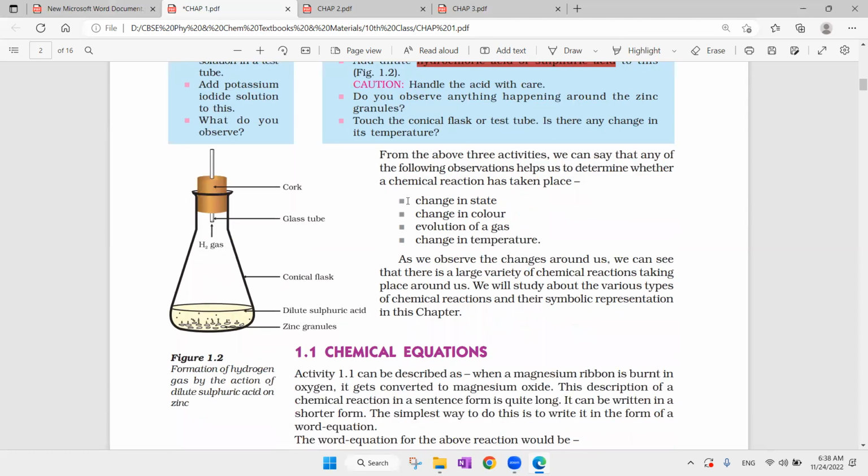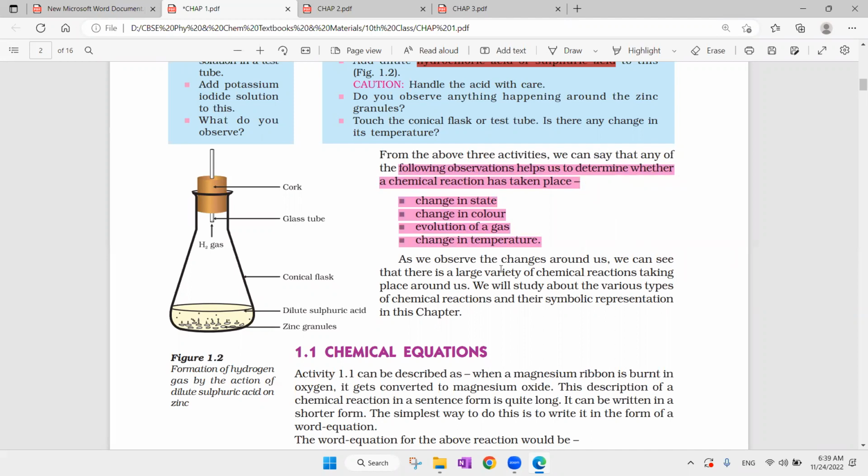Then here, these are 4 points which are giving information about observations during chemical reaction. So here, the following observations will take place during chemical reaction. So regarding this information, there will be some questions in your examination.